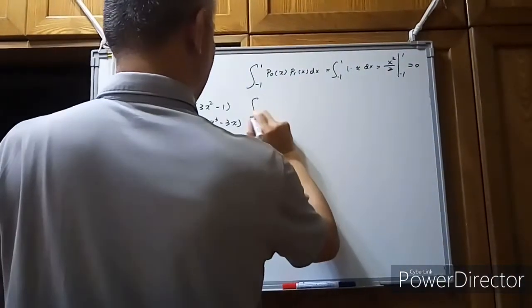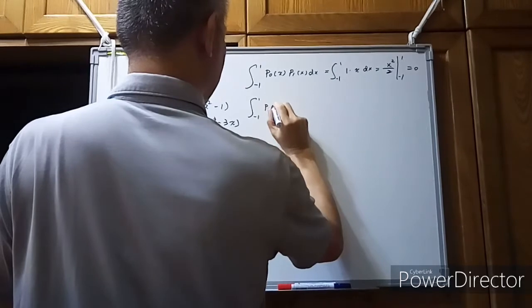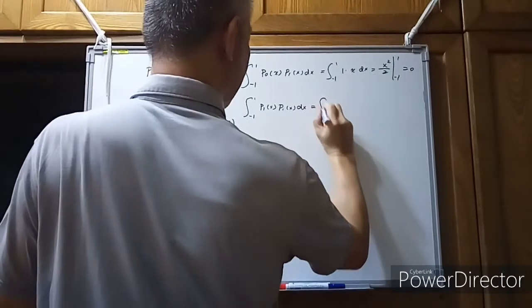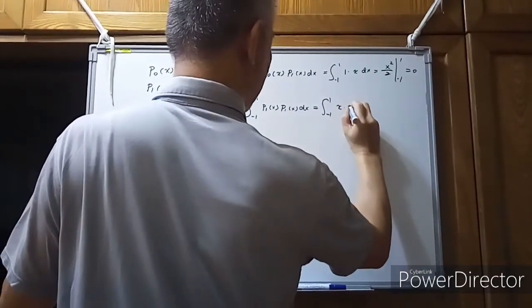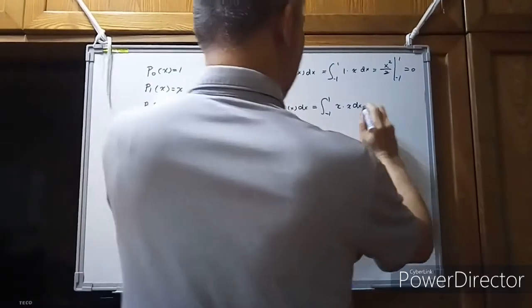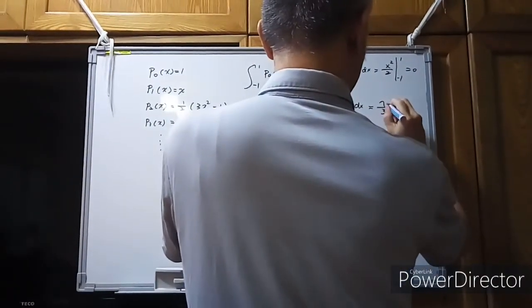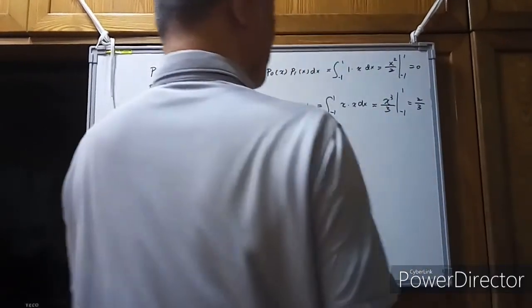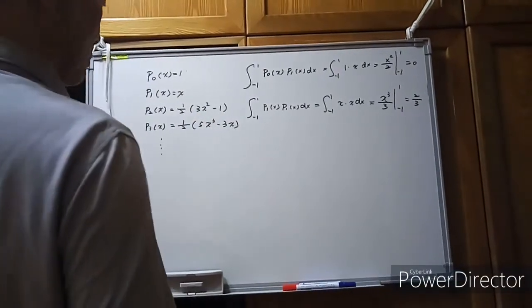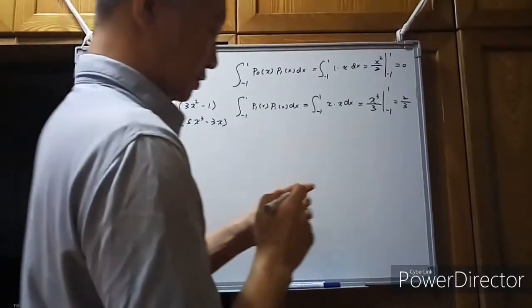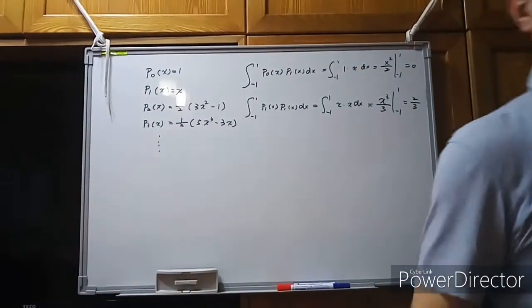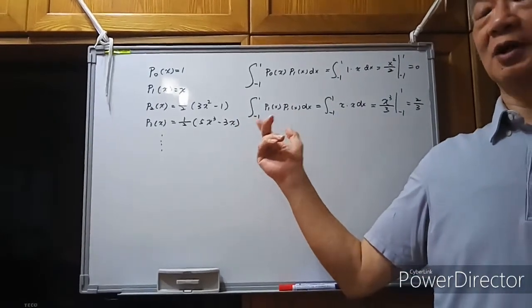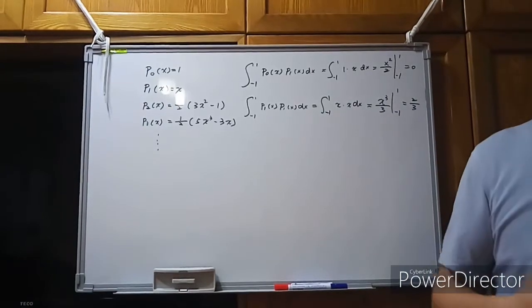But if we multiply P1 by P1 in the range from -1 to +1, the integration of P1 times P1, the result is not equal to 0.